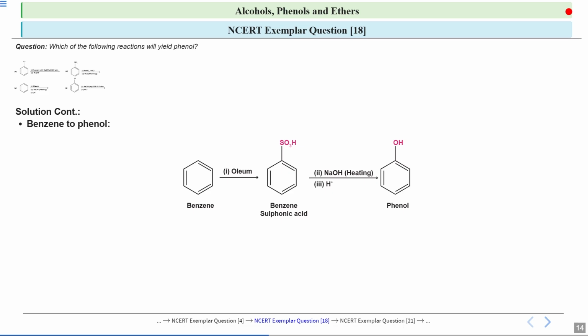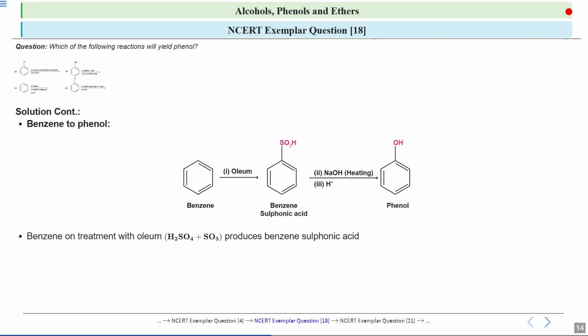So this is how from your benzene you get benzene sulfonic acid, and then this benzene sulfonic acid is heated with NaOH and then further acidified to give phenol. So this is benzene on treatment with oleum, which is H2SO4 and SO3. It produces this benzene sulfonic acid.